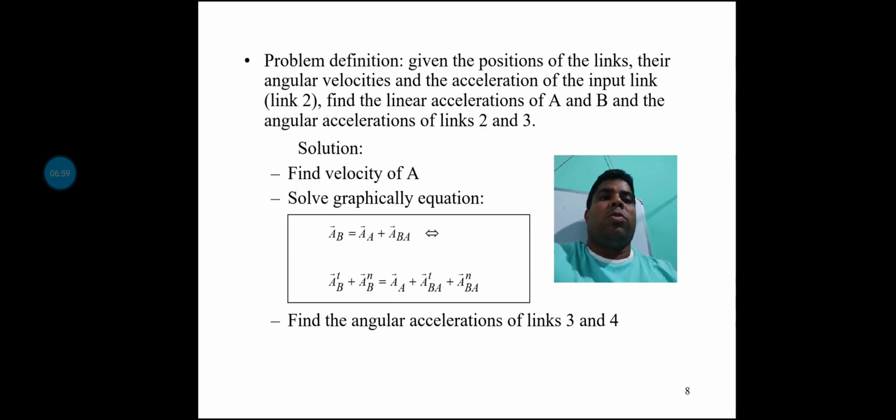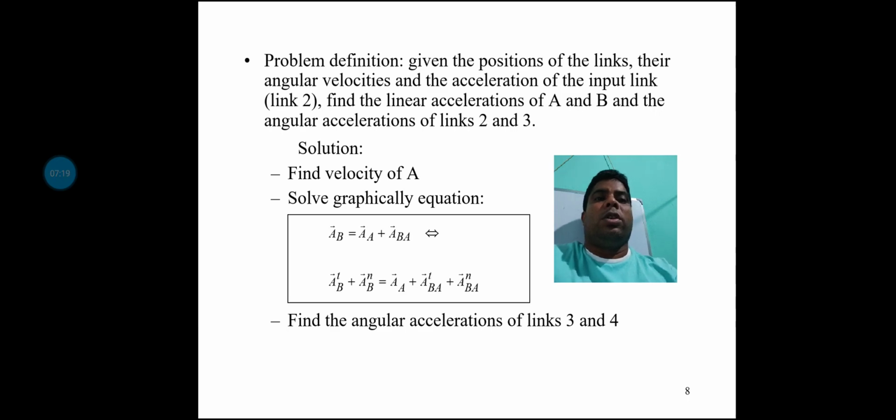Now one problem can be defined: given the position of the links, their angular velocity, and also the acceleration of the input link, find the linear acceleration of A and B and the angular acceleration of links 2 and 3.